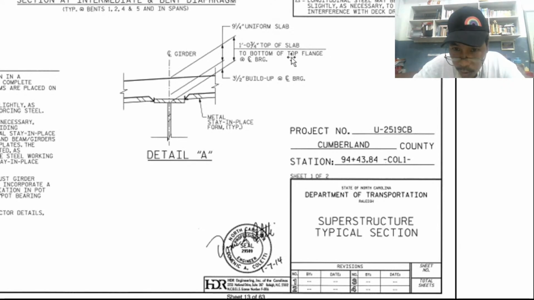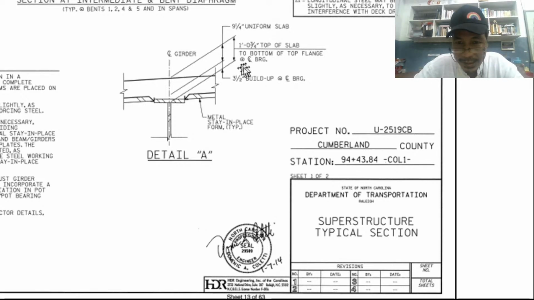What is the bottom of top flange? This is the top flange. The bottom of that is this side. This is the top side of the top flange. Okay? This is the bottom of the top flange. So from this point to that point, that is 1 foot and 3/4 inch.